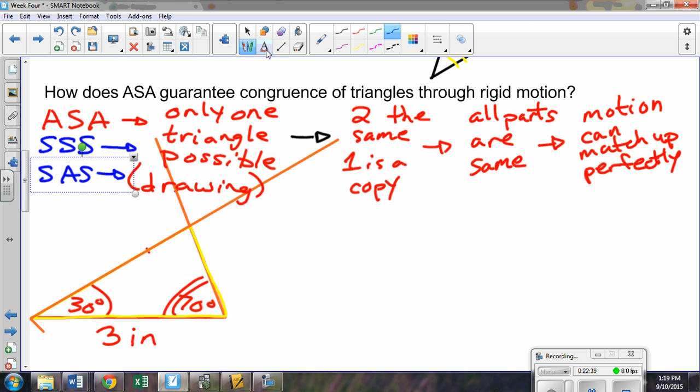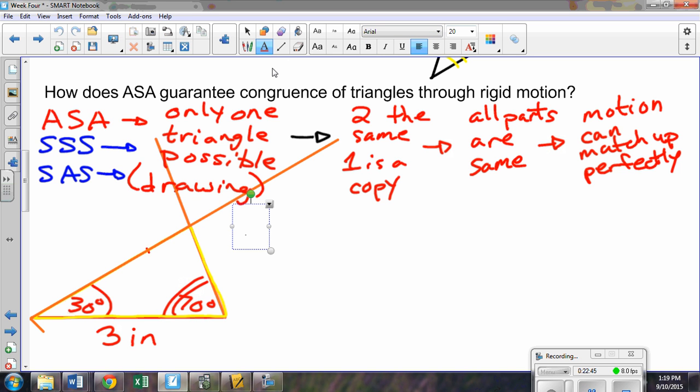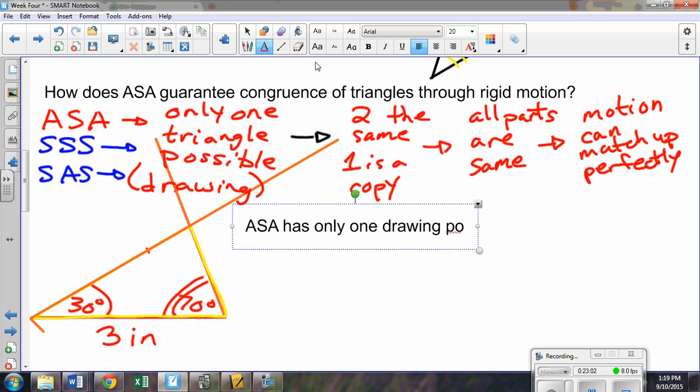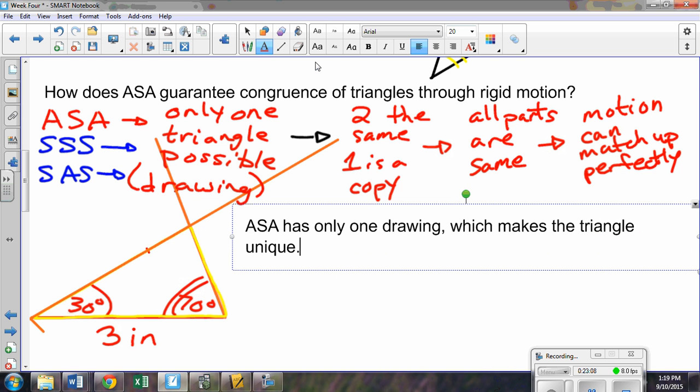Now, once again, the pieces that I'm putting in are my words. You can, of course, make this fit your terminology, but we need to have this sequence of thought. So, angle side angle has only one drawing, which makes the triangle unique.